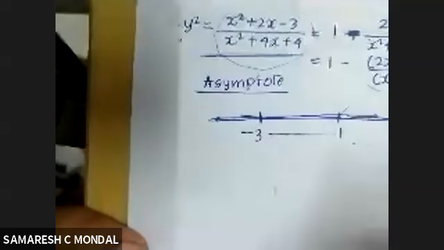Y square is equal to 1, so either y is equal to 1 or y is equal to -1. So the horizontal asymptote is y square equal to 1, which implies y is equal to ±1.